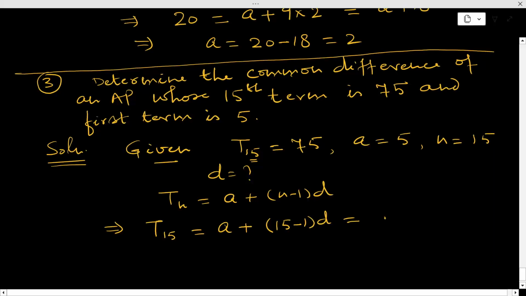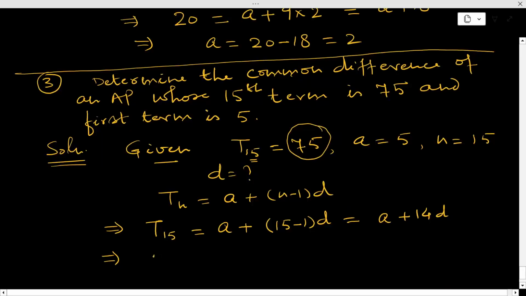So this is coming out as a plus 14 times d. Now we put the values of the given terms. The value of T15 is 75.